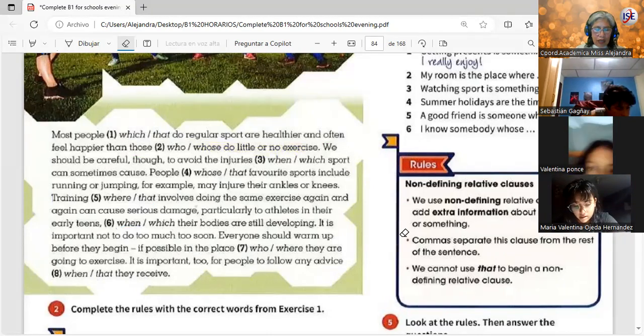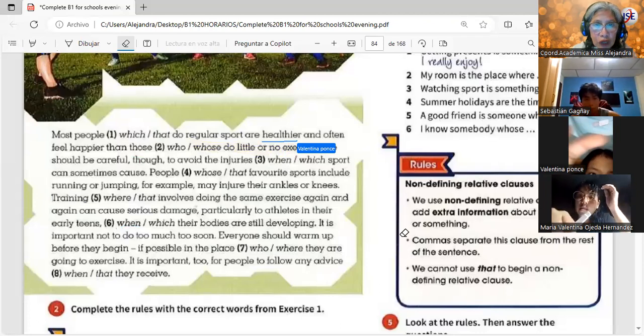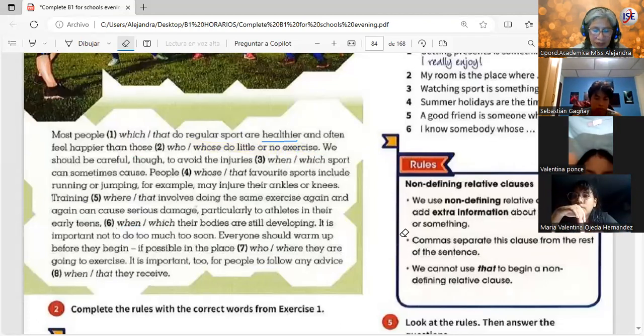Yes, teacher. What is the meaning of the... in those groups? Which one? Injured. A healthier, Valentina. Healthy means saludable. Healthier, más saludable. Okay, teacher. Any other?